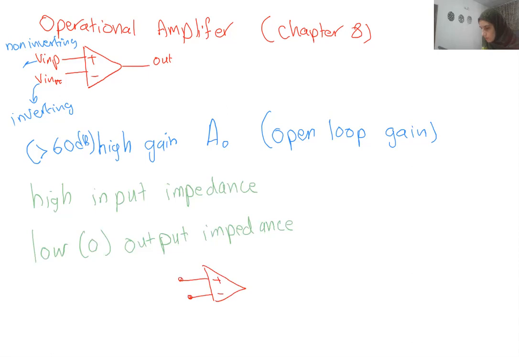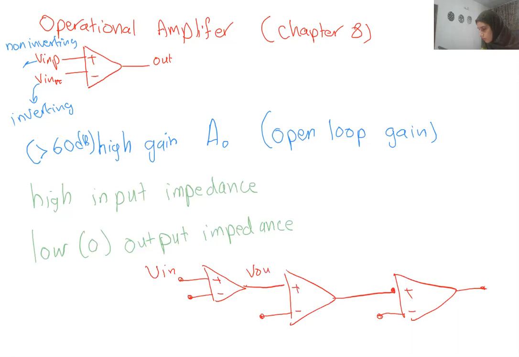This is the first stage, connected to a second stage, and then a third stage, just for example. So this is Vin, this is Vout1, this is Vout2, and this is Vout3. There are obviously going to be feedbacks around each one of them, but for the sake of simplicity, we want to understand why we want high input impedance and low output impedance.